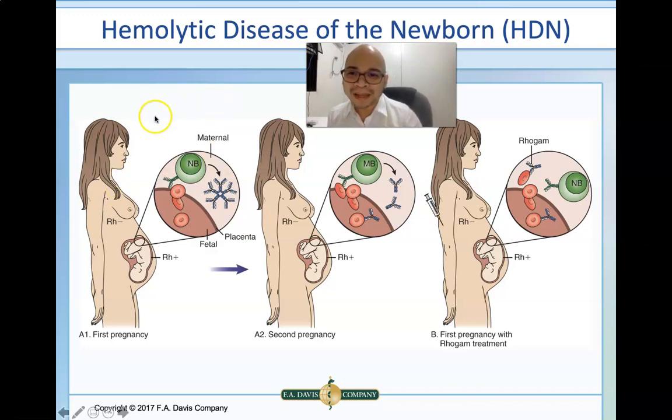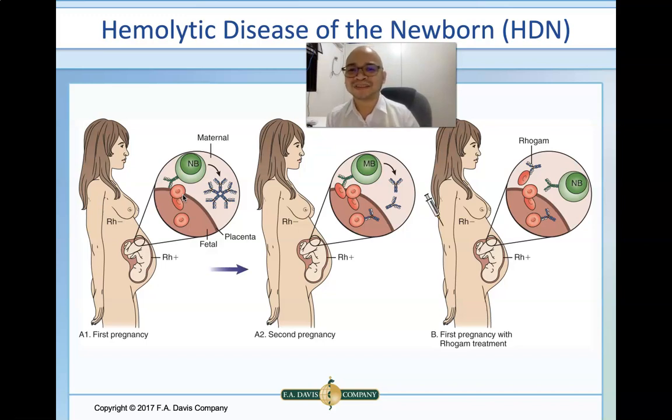So what will happen is that during the first pregnancy, because of the exchange of blood between the fetal and the maternal blood, okay, so mother's blood is Rh negative, right? So the RBC of the infant contains the antigen, and it will circulate in maternal circulation, which means that the first time that the mother's blood would encounter the D antigen coming from the fetus, that's what you call sensitization.